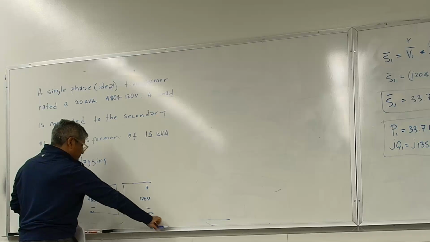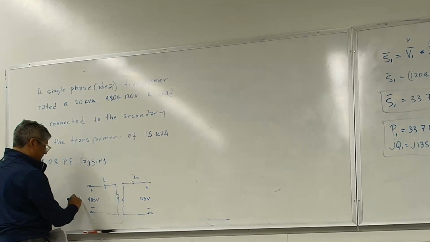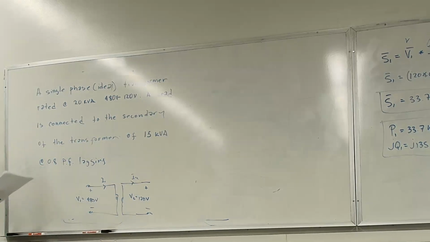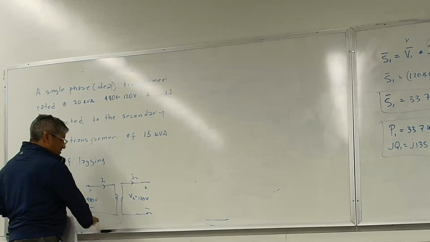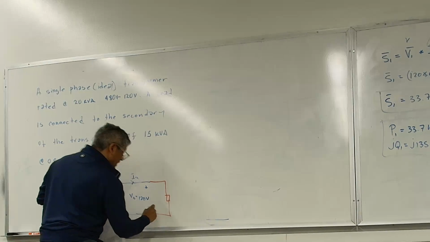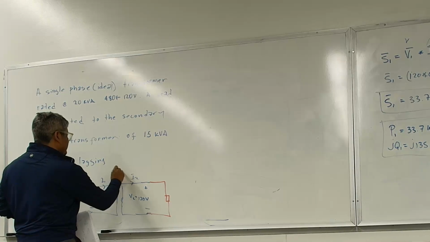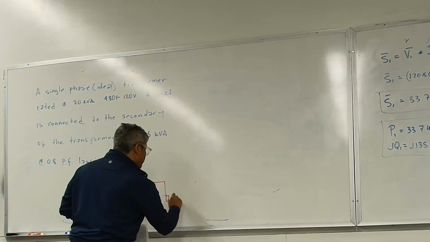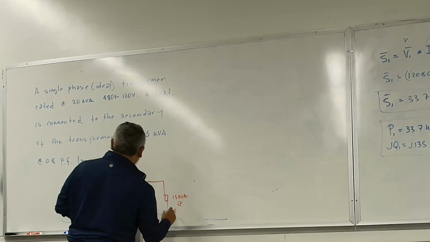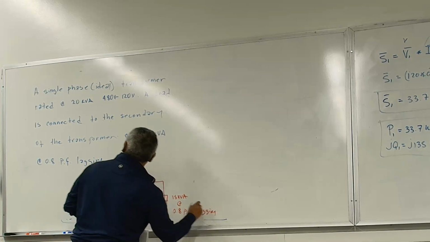And you have obviously an I1, an I2, and we're going to call this V1, and we're going to call this V2, okay? So connected to this transformer, there is a load. And the load, oh, one thing that I forgot, this transformer is rated at 20 kVA. But the load is 15 kVA at 0.8 power factor lagging. Lagging, did I write lagging?